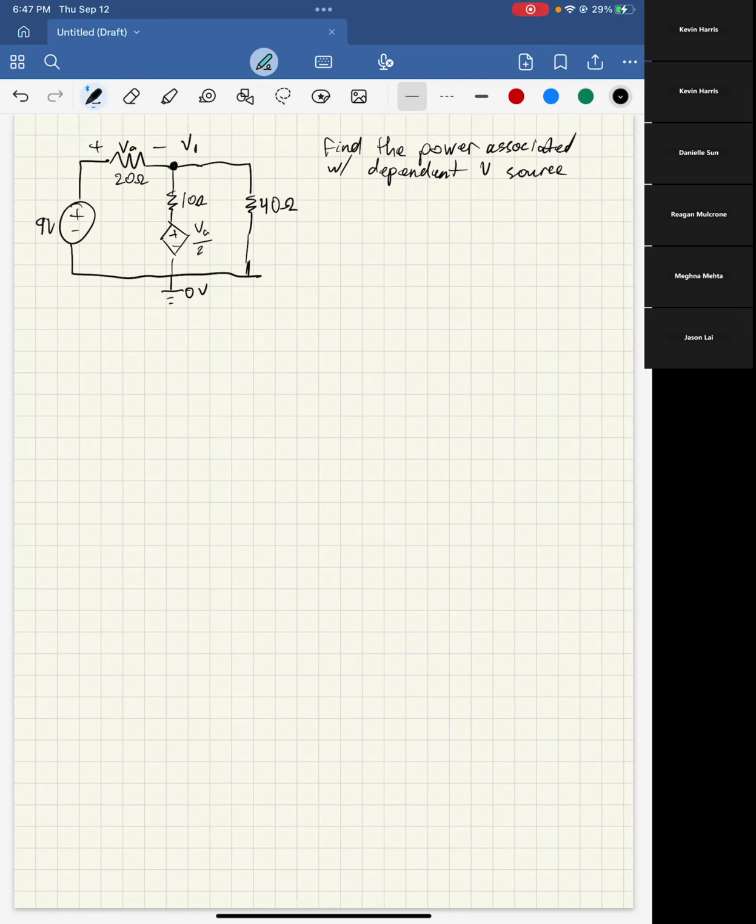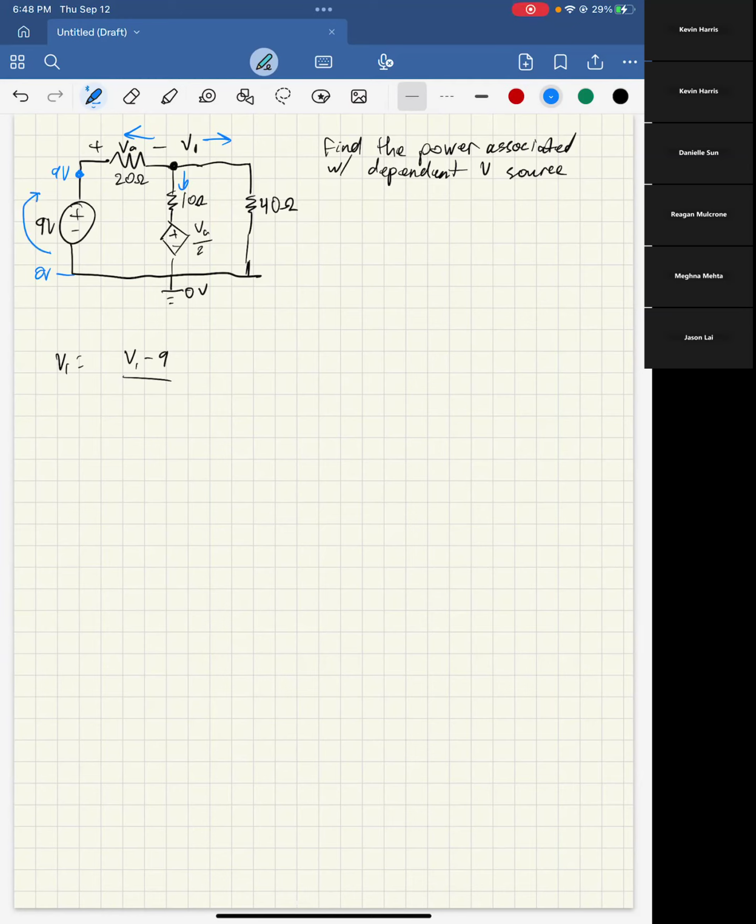Since we only have one node, we're only going to need to write one equation. Just like we did before, I'm going to assume all currents are going out of the node to make my life easier. We have V1 minus 9 over 20, because right here is 9 volts, since it's 0 down here and we go up the 9-volt source.